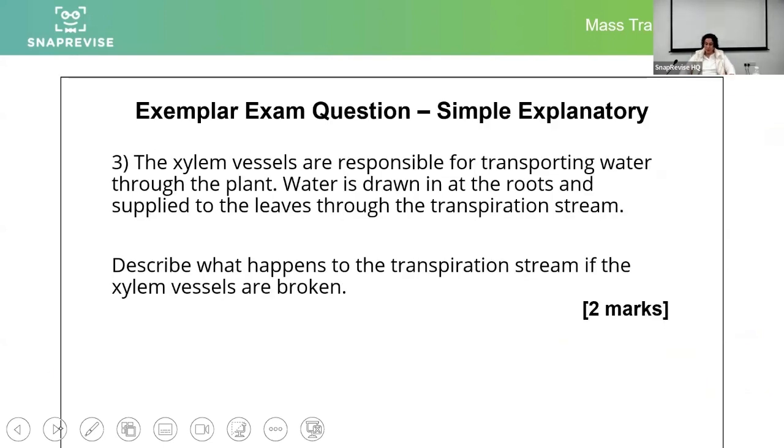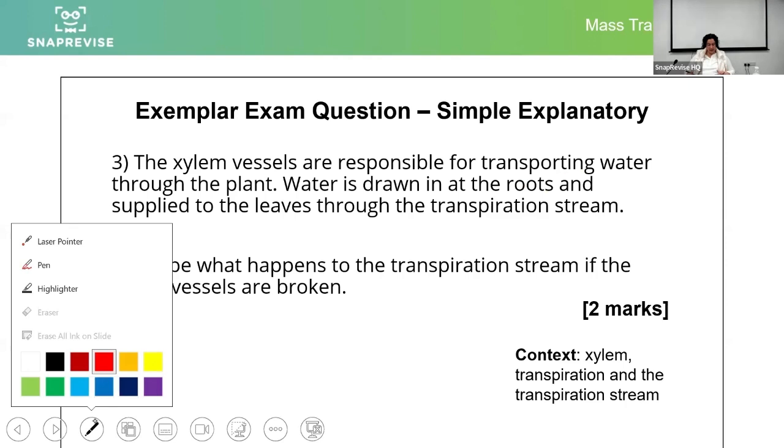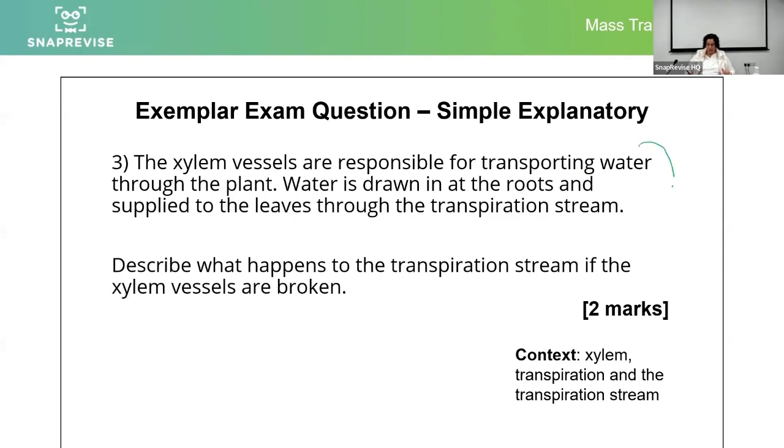Let's have a look at an example question. The xylem vessels are responsible for transporting water throughout the plant. Water is drawn at the roots and supplied to the leaves through the transpiration stream. Describe what happens to the transpiration stream if the xylem vessels are broken. So again, you're going to have a go at this, but first, context: the xylem and the transpiration stream.